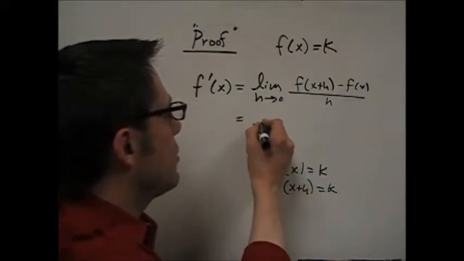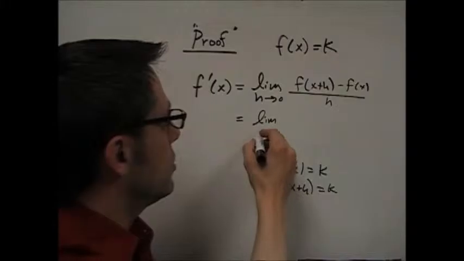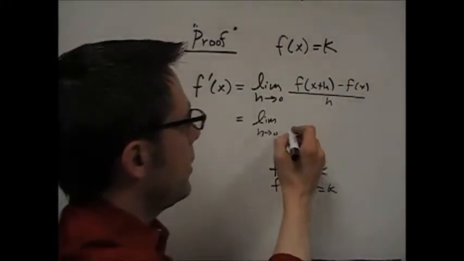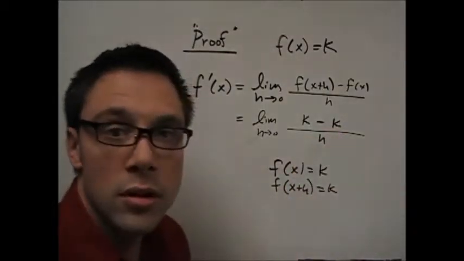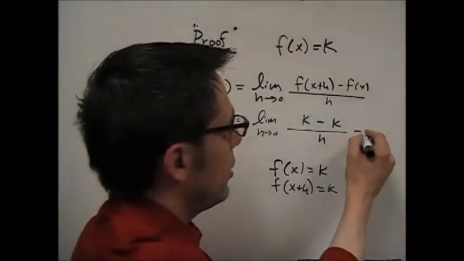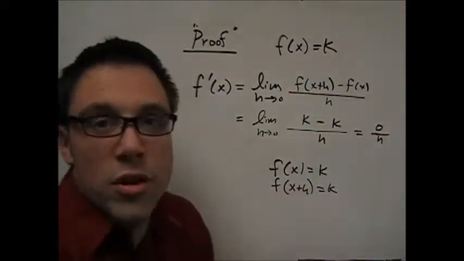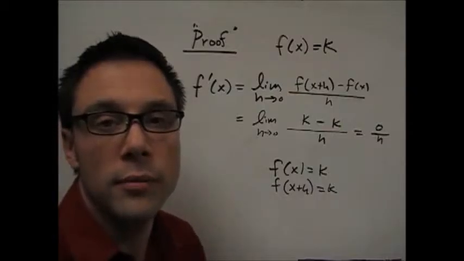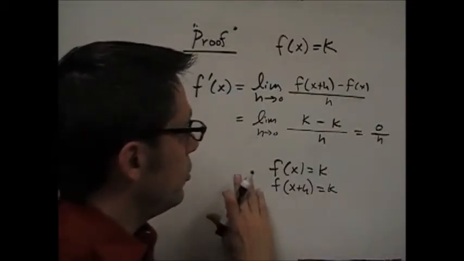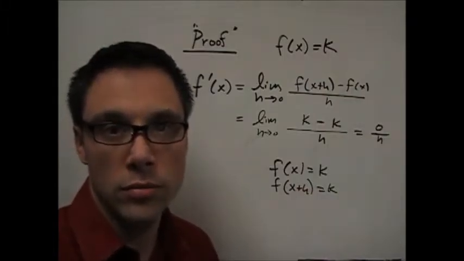So I can rewrite that, I'm just going to put these values into that difference quotient. I get a limit as h goes to 0 of, well, look, I've got k minus k over h. So what do you have? Well, 0. Okay, so 0 over a number is 0 always, right? So it is equal to 0. So ultimately, we've proved that the derivative of a constant is always equal to 0.